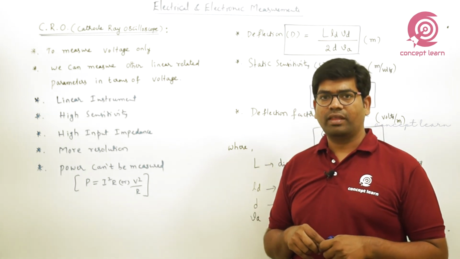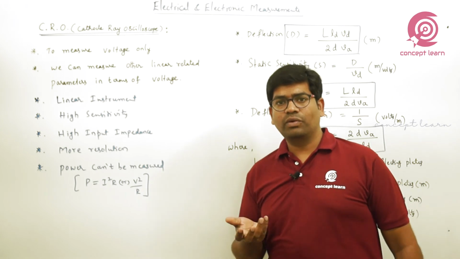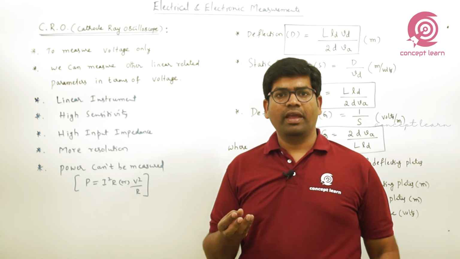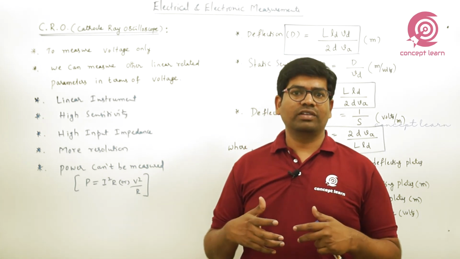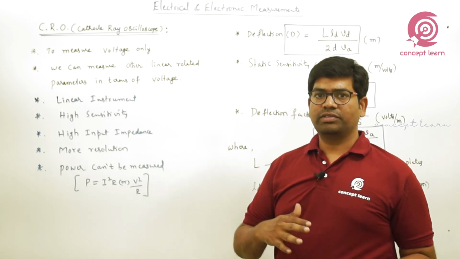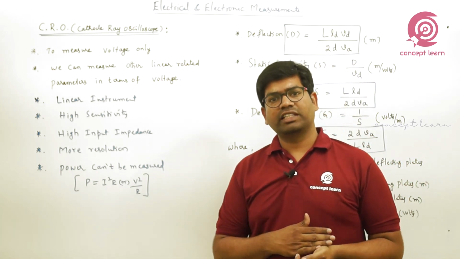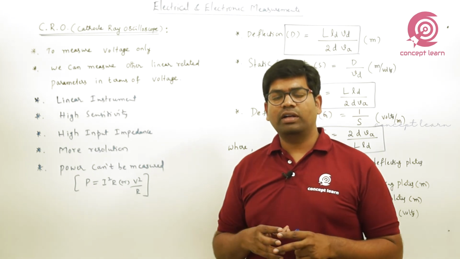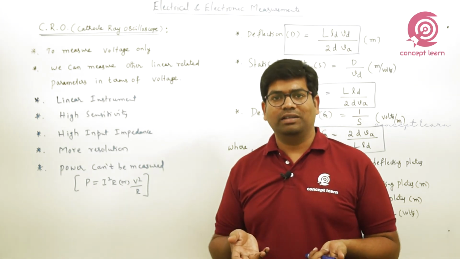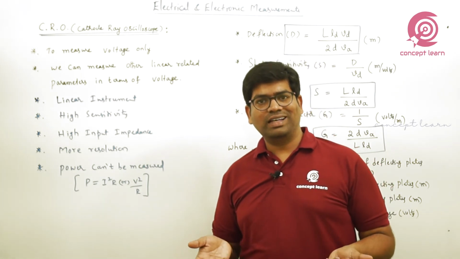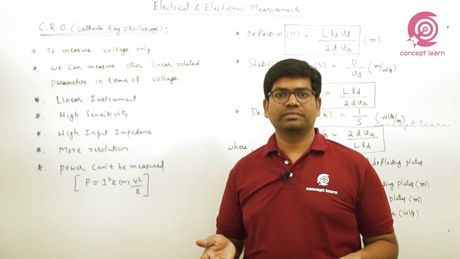Whatever unknown quantity we want to measure is given to the CRO, and that quantity comes on the screen in the form of a graph, that is x with respect to time axis, or y with respect to time axis, or in between x and y. Like that you can plot any quantity on the screen by using the CRO. So basically CRO is a plotter.